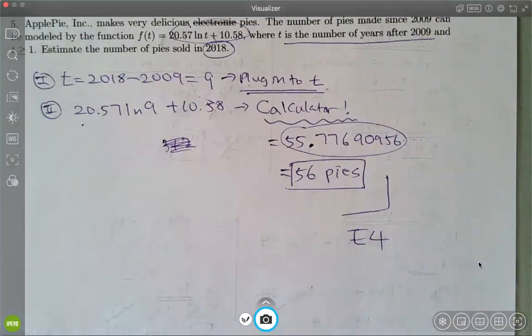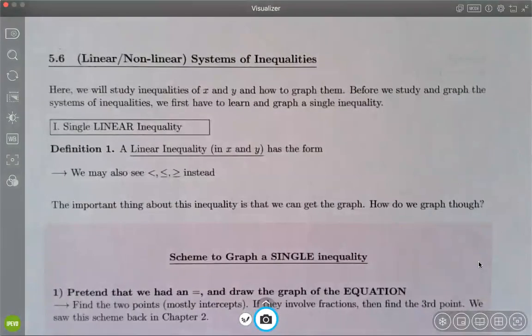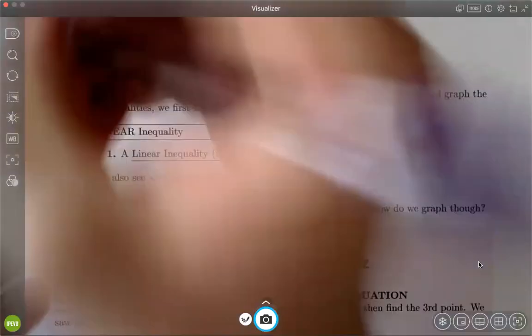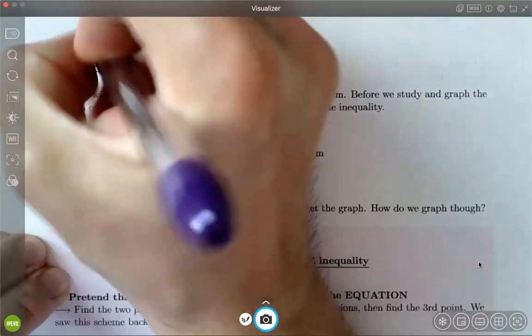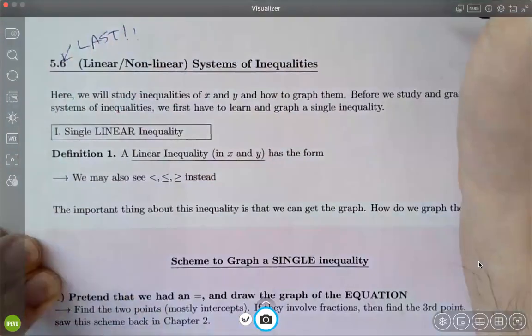Okay. So now, the last section of the course. Woohoo! The last section is 5.6. Here it says linear, nonlinear systems of inequalities.